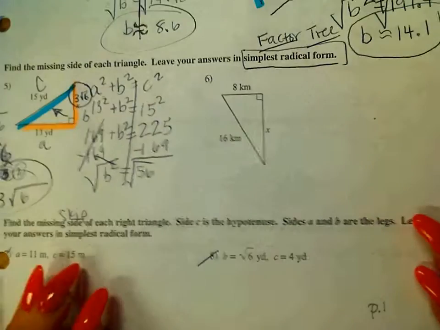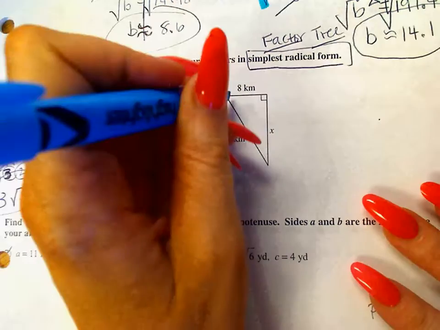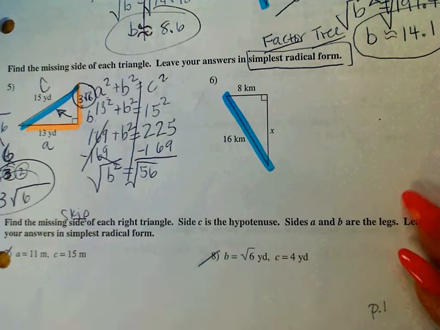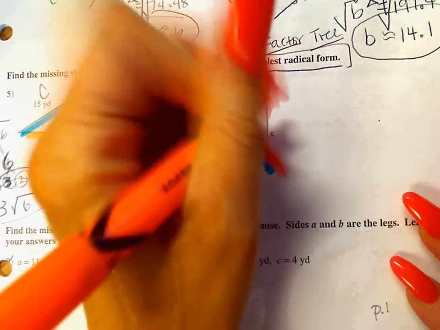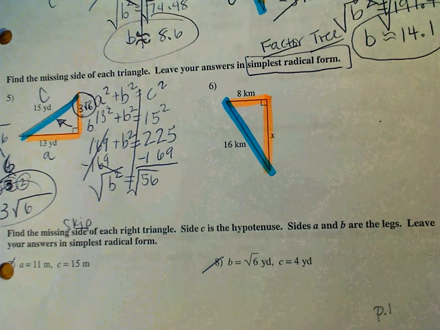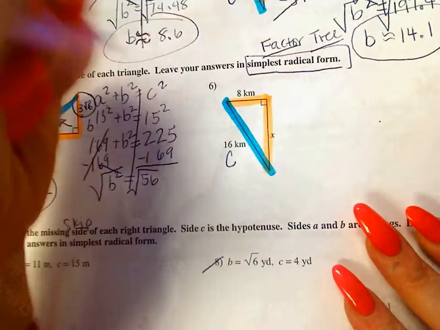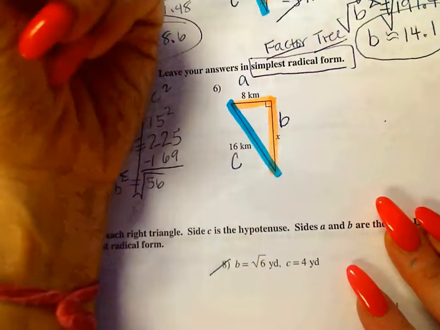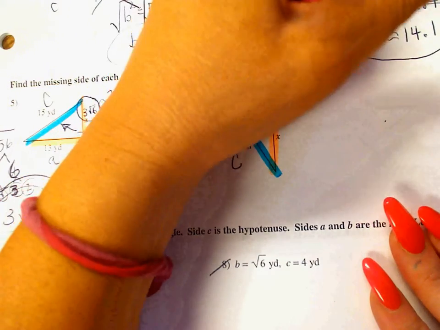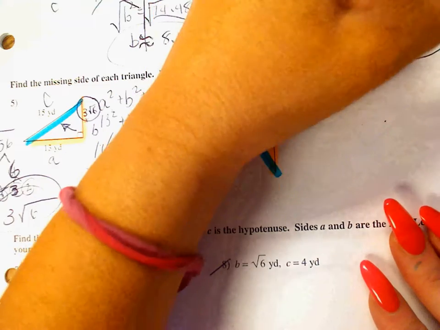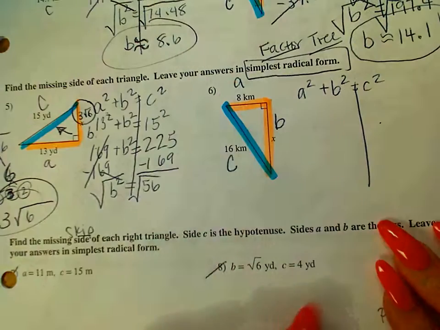Identify your hypotenuse and identify your legs. Your hypotenuse is always C. So for this one, C is going to be 16, and the legs are A and B. Okay, so A is 8.